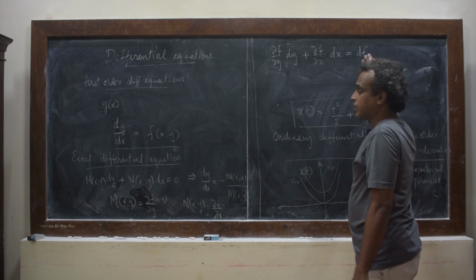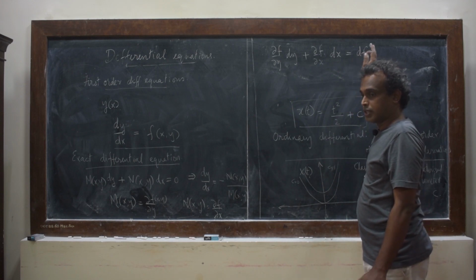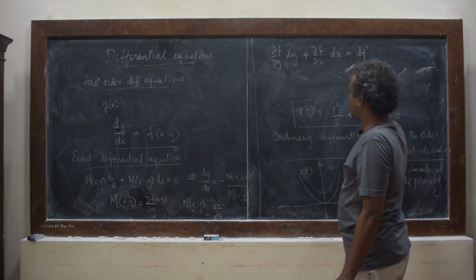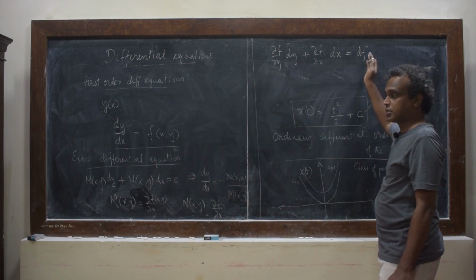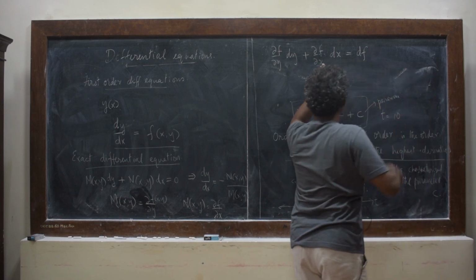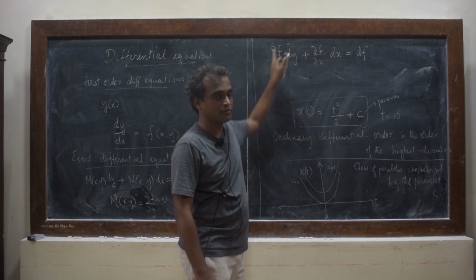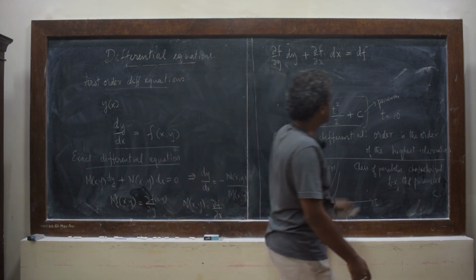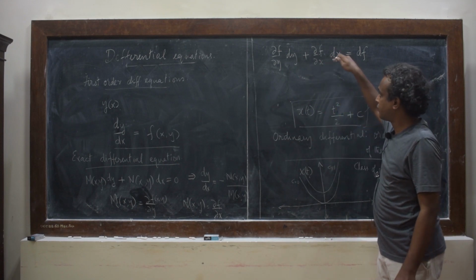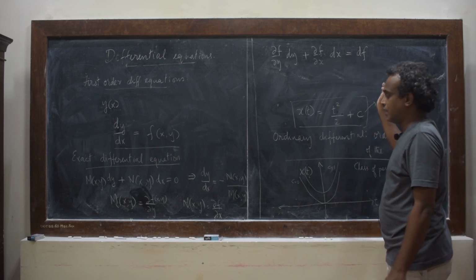After all, if I want to know what change happens to a function f that is a function of two variables x and y, what I should do is to obtain the change that occurs to the function f through the change in x, which is given here, or the change in y, which is given here. The net change will be a sum of the changes that happen through changes of x alone and changes in y alone.